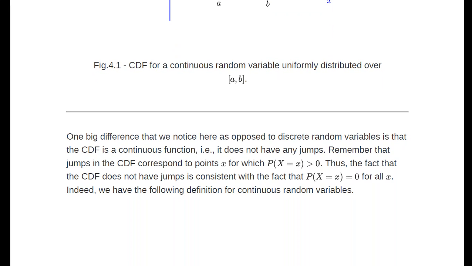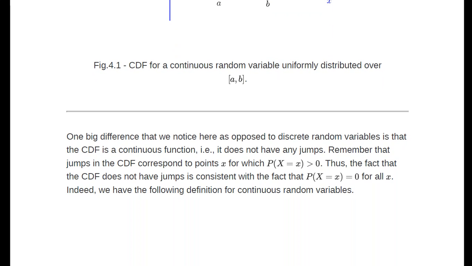One big difference that we notice here, as opposed to discrete random variables, is that the CDF is a continuous function. It doesn't have any jumps.